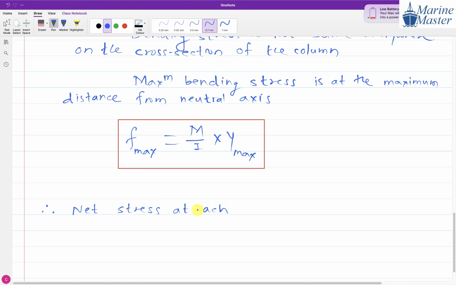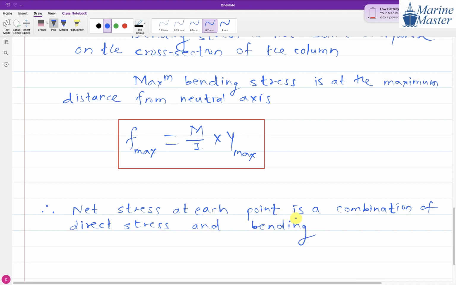Net stress at each point is a combination of direct stress and bending stress. Everyone, net stress at each point is a combination of what? Direct stress and bending stress. Everyone try to see the scenario.